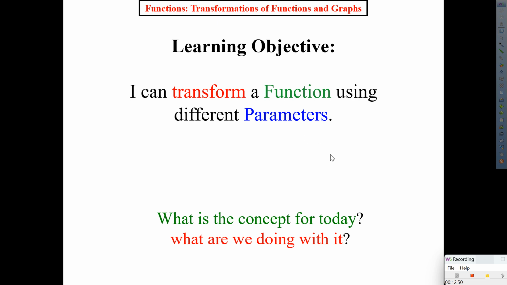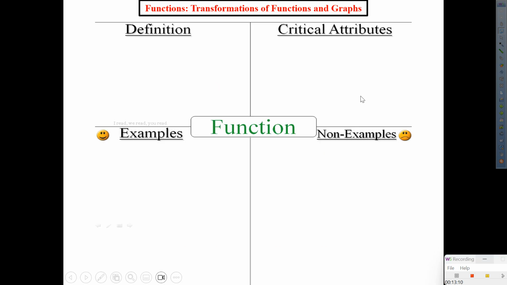So this is going to be our last lesson before we get started with our study guide and get ready for our semester final coming up next week. And just to recap, functions. Right here with the definition of functions.